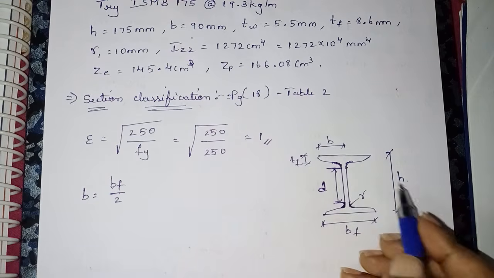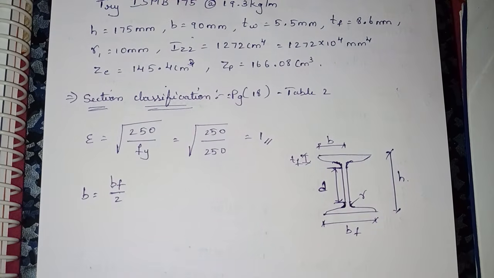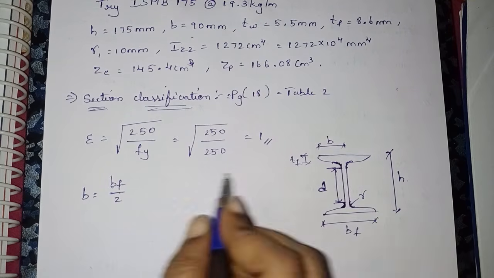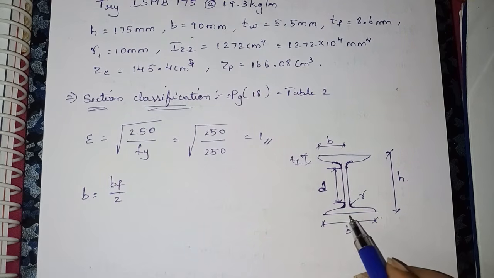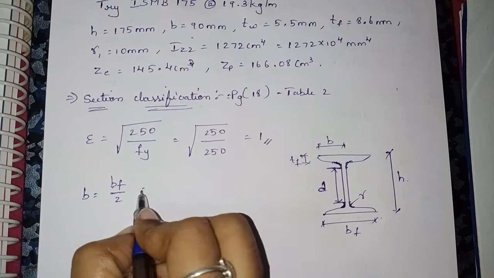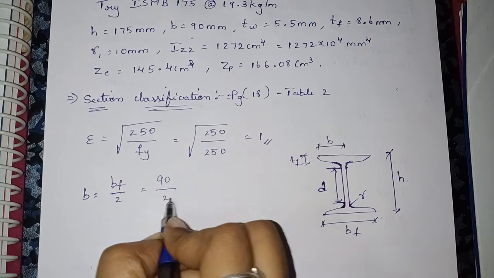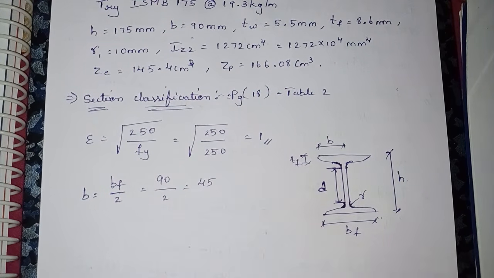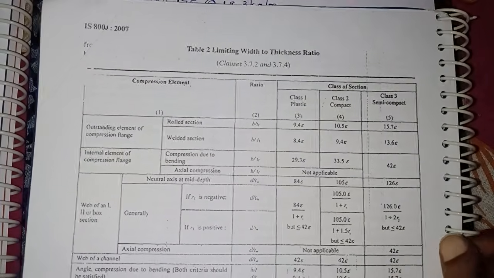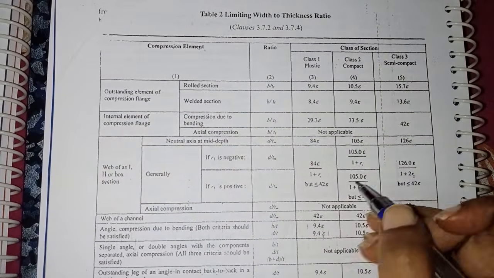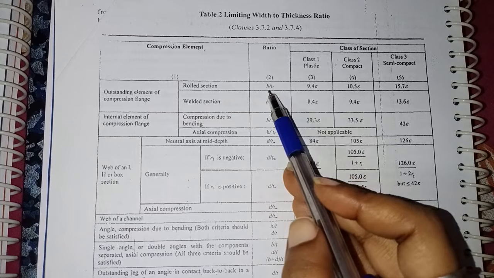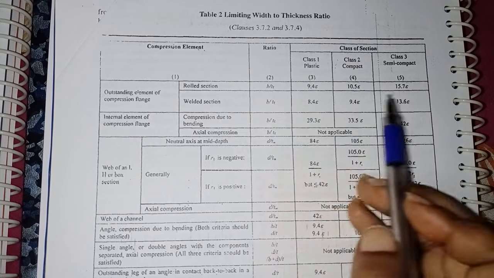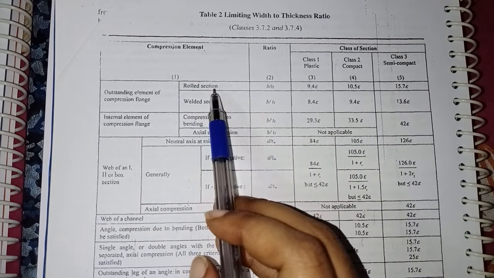b is half of the breadth of the flange, that is b equals breadth of the flange divided by 2. So what is 90 divided by 2? Correct, it is 45. Now we will calculate b divided by thickness of the flange. Why am I taking this first? Because it is a rolled steel section.